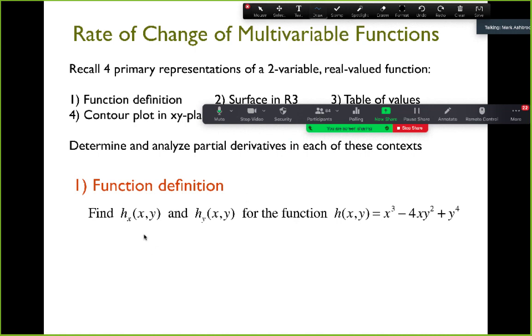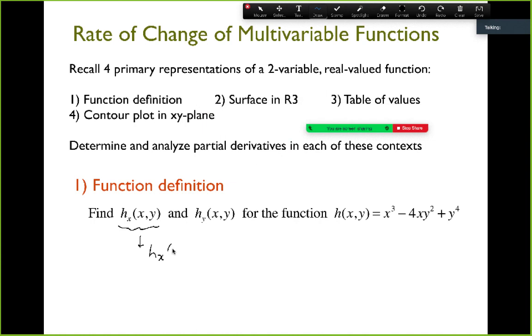Partial with respect to x, h of x. Derivative with respect to x: 3x squared. What's the derivative of this with respect to x? Do we take the product rule? No, we don't need the product rule because we just have basically a constant times x, right? We just have the constant, that's 4, times x.